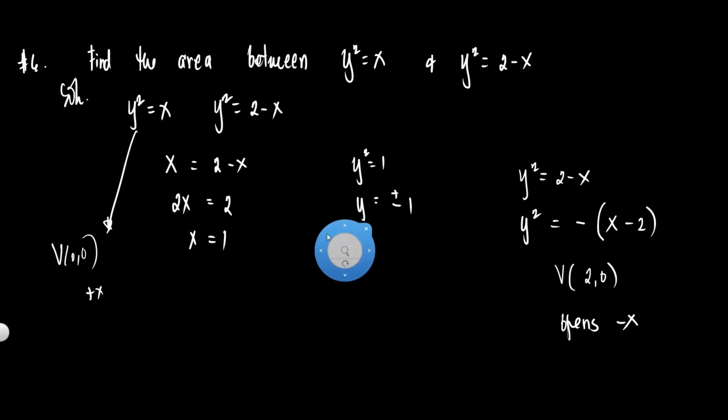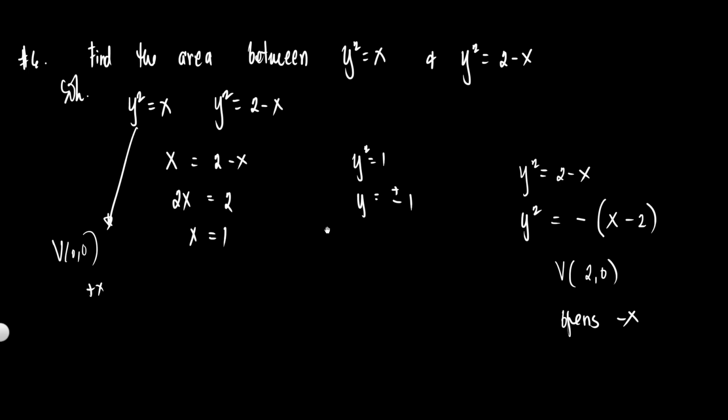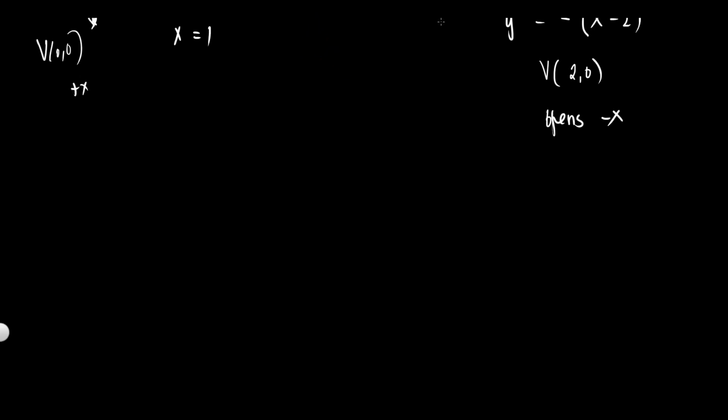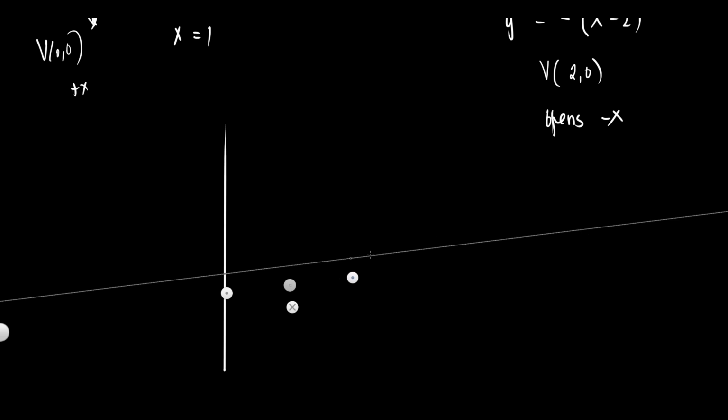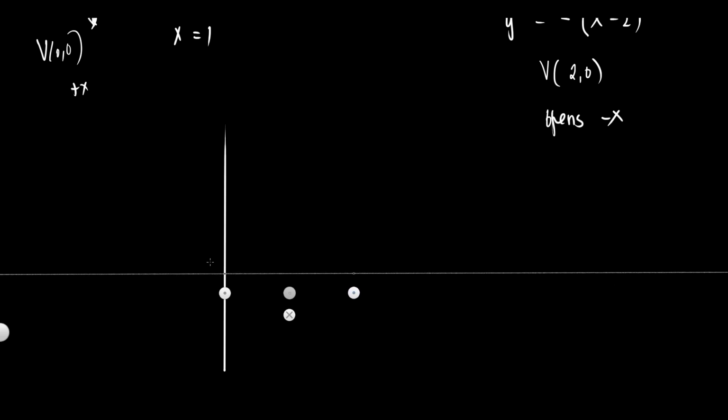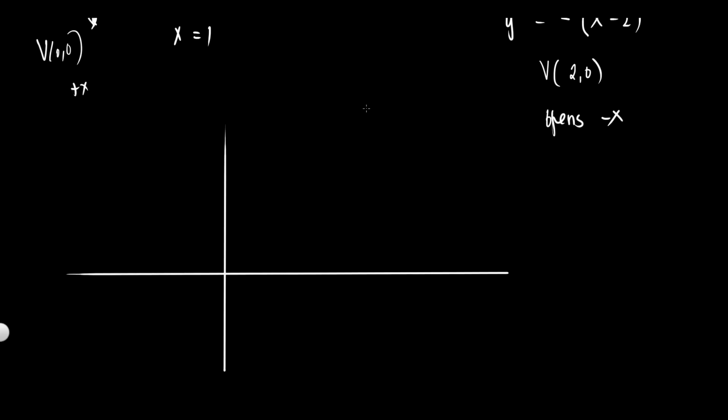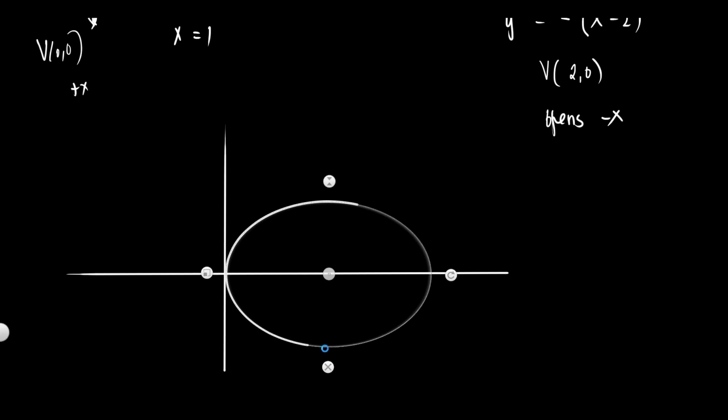Okay, so the area between y squared equals x and y squared equals 2 minus x. So let's draw again. Let's put the x and y axes here. The first parabola opens in the positive x direction.